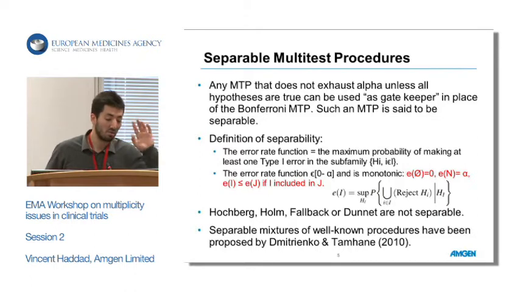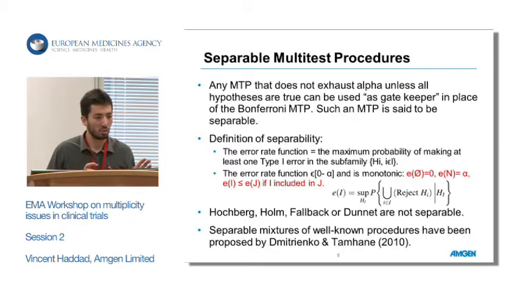So I just wanted to explain what a separable multi-test procedure is. It's a procedure that does not exhaust alpha unless all hypotheses are true, and can be used as a gatekeeper in place of Bonferroni. That's the separability condition. The most important point is that Hochberg, Holm, fallback, and Dunnett are not separable, but the authors proposed to make them separable by building mixtures of procedures.